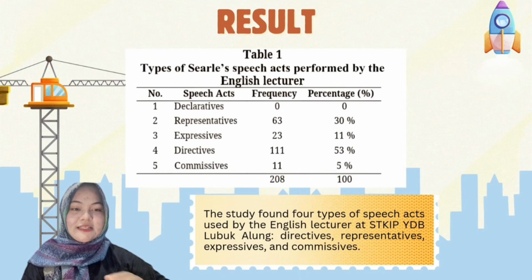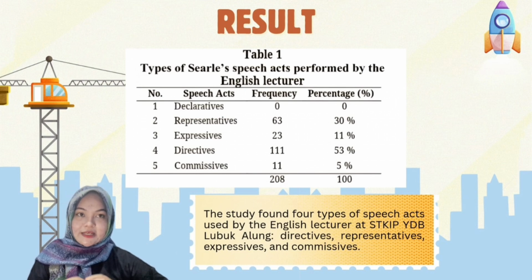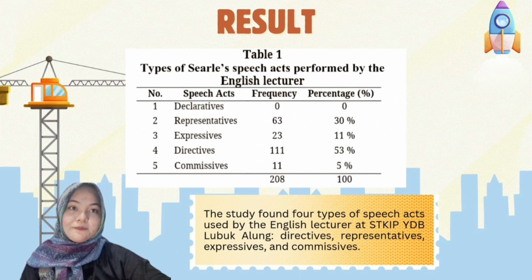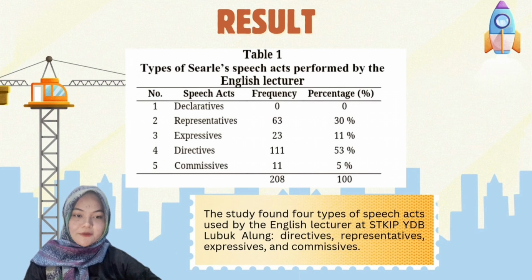So, based on this research, it was found that there are 4 types of speech act used by English lecturers at STKIP YDB Lubuk Alung. Representatives occur 63 times or about 30%, and expressive occur 23 times or 11%.